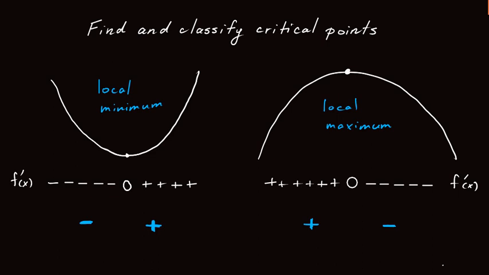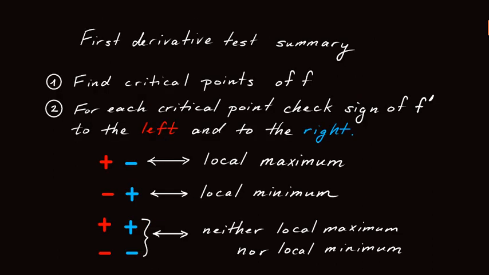Let's look at a summary of this test. Here's the first derivative test. The first thing we want to do is actually find the critical points. So once you find the critical points, for each critical point, check the sign of the derivative to the left and to the right.